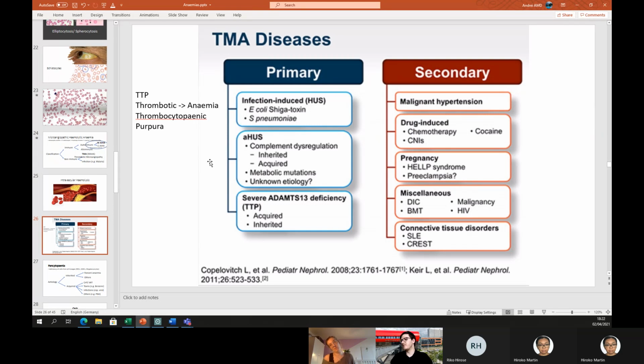The red cells will travel at such high speed that they will crash and get damaged. Some other miscellaneous ones like disseminated intravascular coagulopathy is another important mention. So once again, if I were to mention the most important ones of TMA, they would be HUS, TTP, DIC, and HELLP.